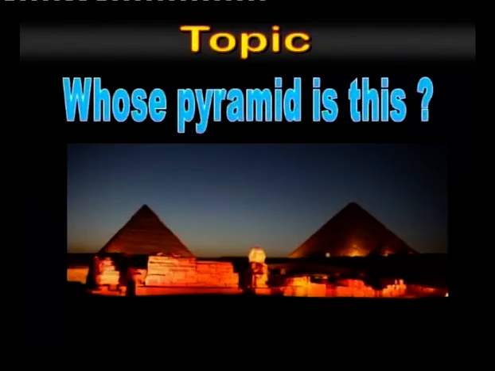Okay, good. Now, today's topic. Our topic is, whose pyramid is this? Now, looking at the picture on that topic, what can you see? Receiving students, what can you see? The picture below the topic for today.